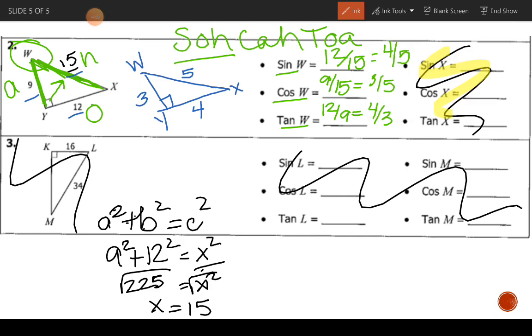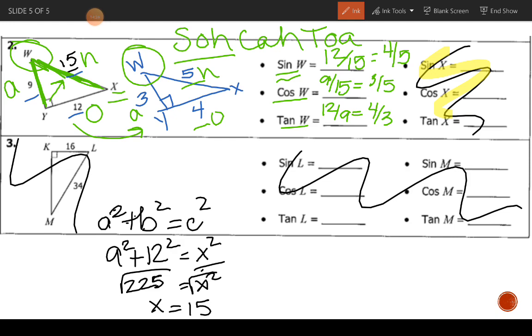Okay, and then all of our hypotenuse, because we're going from angle W, adjacent and opposite would be the same. And so if we simplify this triangle first, then we don't have to simplify our trig ratios over here. Because if we did the sine of W in this simplified triangle, opposite over hypotenuse, it would be 4 over 5. That's just, simplifying first is just an advanced thing that you can do first.